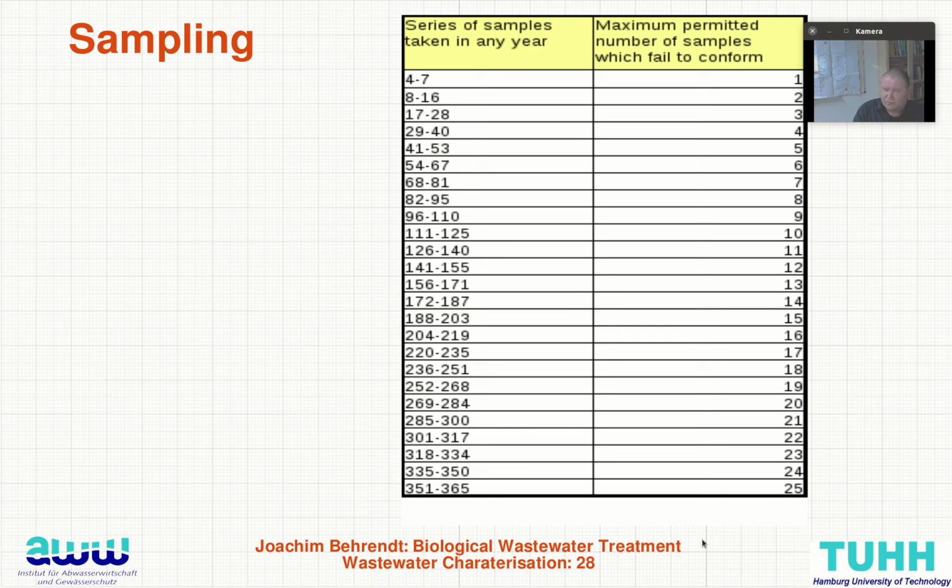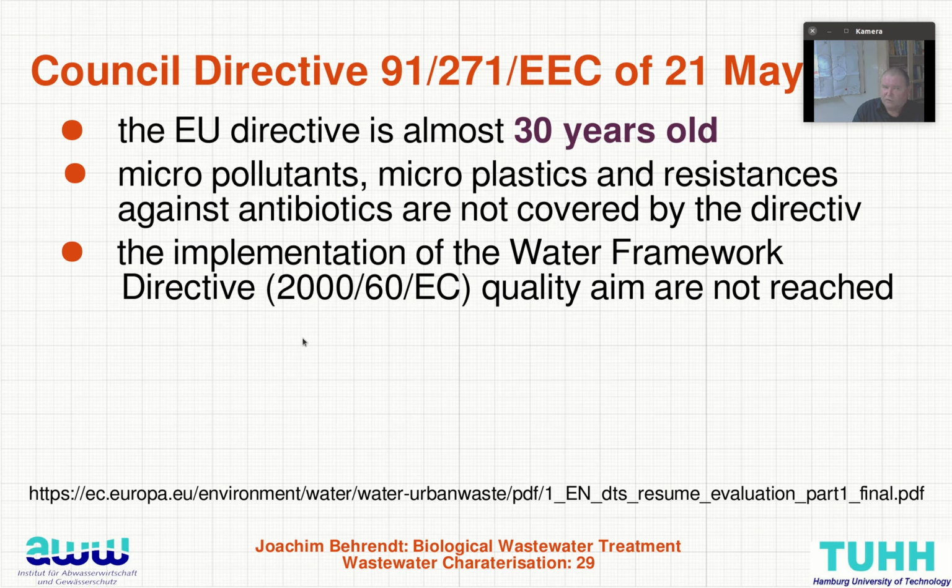This is also accepted. In Germany, normally you have a qualified sampling method, which means 5 samples within 2 hours, and 4 values must be below the control value. We will talk about this.